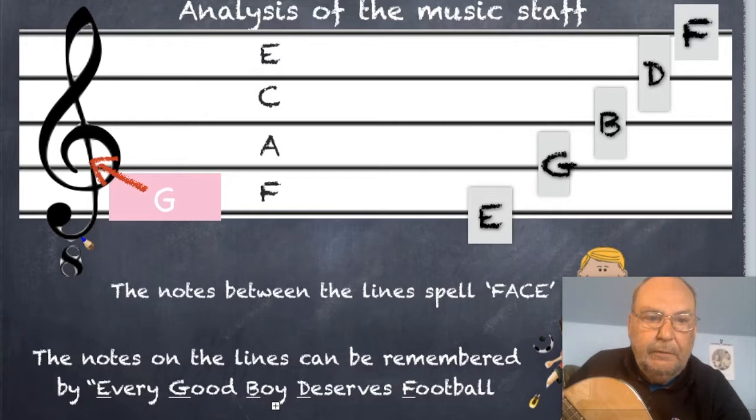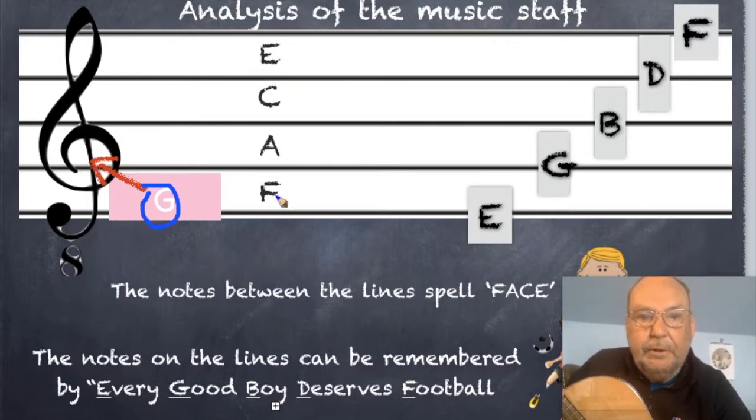It's a treble clef of a particular type, but the thing is, the curly bit here wraps itself around a line which represents the note G. So below the G we have F. So we got F, G, then we have A, then we have B, then C, then D and E.